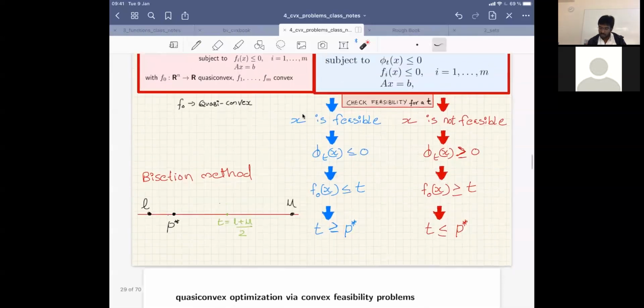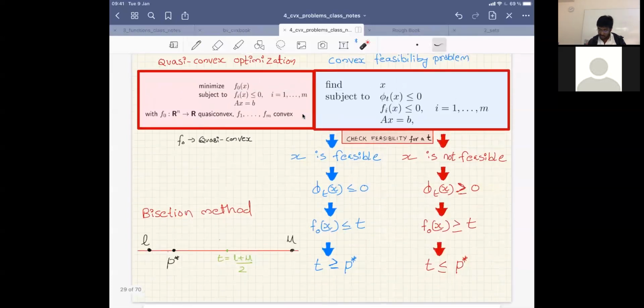And if x is not feasible, then everything will be reversed, and we come to the conclusion that t is less than or equal to p star. So if x is not feasible, no need to go further. It's the same case as when x is feasible. I wrote this step for you to understand: x is feasible, t is greater than p star; x is not feasible, t is less than p star.